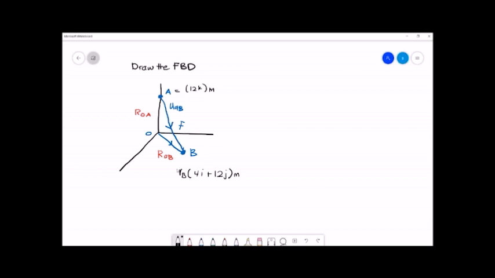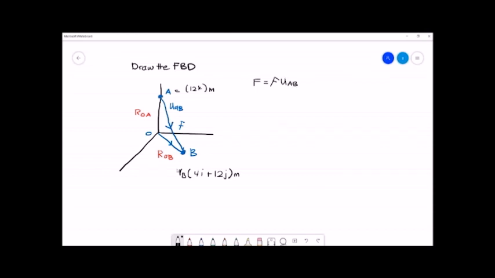After you draw the free body diagram, we need to determine the force, which is expressed as a Cartesian vector. So F is equal to F times the unit vector of AB.